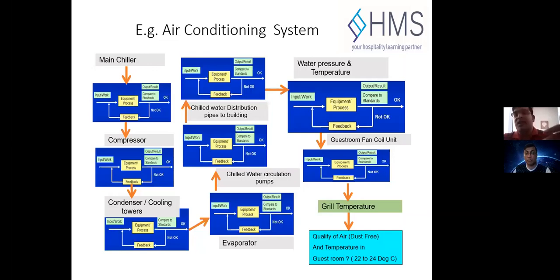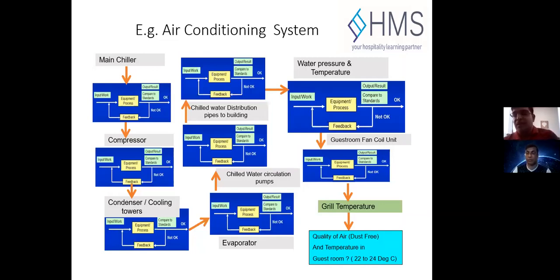Once it comes to the guest rooms, then your fan coil units in the guest room, what should be your grill temperature, what should be your water temperature and pressure there. And to maintain 24-degree temperature, you need to see what temperature your chiller design should be, on what temperature you should run your chiller to achieve 22-degree temperature in the guest room, and what air quality you need, how you're going to filter your air.